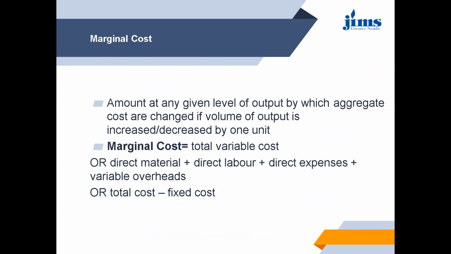Marginal cost, as I've already discussed, is the variable cost. Variable cost means direct labor, direct material, direct expenses, or any variable overheads. Or if we have total cost and we deduct the fixed cost from total cost, we get the variable cost.